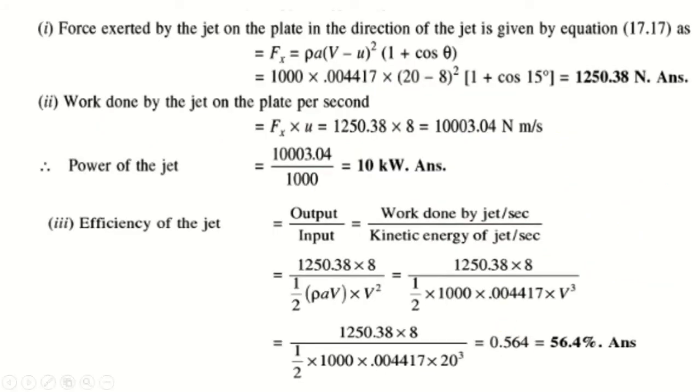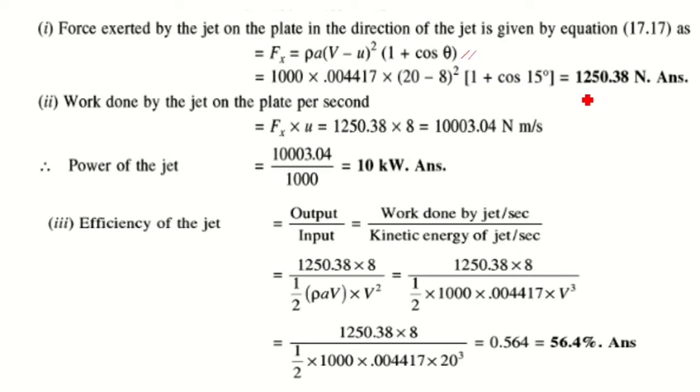So the force exerted on the plate in the direction of the jet is, as we have already derived this equation, direct substitution only. Rho a (V minus U) whole square into (1 plus cos theta): rho 1000, a 0.004417, into (V minus U), V is 20, U 8, whole square into (1 plus cos 15 degrees).